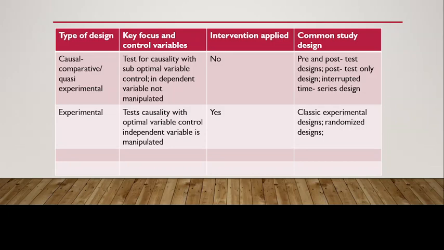Okay. Next is the experimental research design. Alright, what is their focus and what are their controlled variables? So, experimental design is focused on test causality with optimum variable control. No? Test causality. Ititest mo yung cause with optimal variable control.